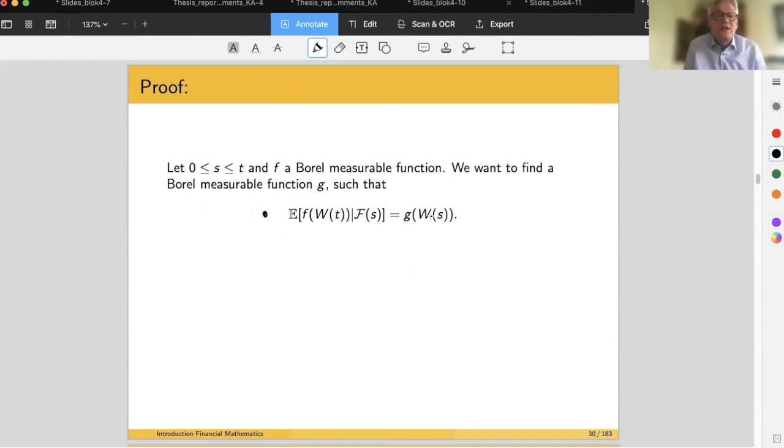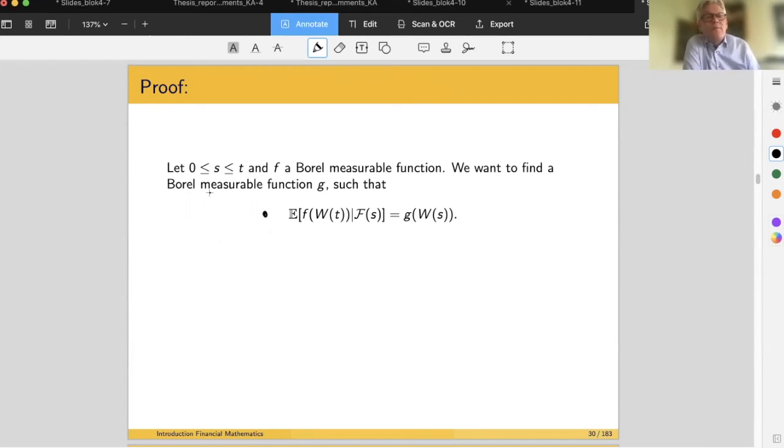So it is not the martingale condition, because there we don't have an f and a g. It's a bit stronger, in fact. We have an f here, a function of W_t, and that can be written as a function of W_s. So let 0 be less or equal to s less or equal to t, and f a Borel measurable function.